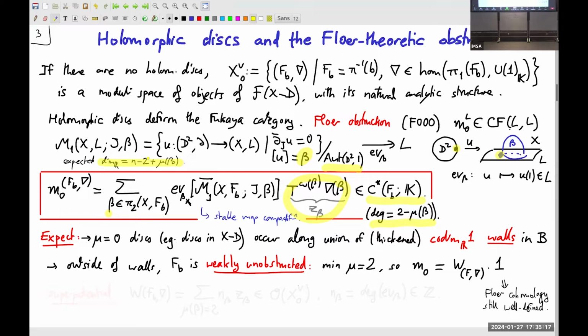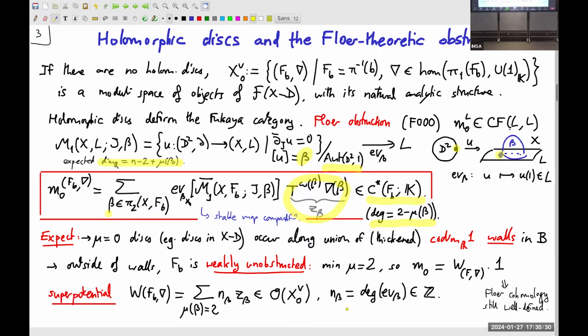But what that does for you is that the smallest dimensional family of holomorphic disks you can look at has the same dimension as the Lagrangian. And the problem you end up having is really, how do you count Maslov index 2 disks through a generic point of your Lagrangian? And that's what the superpotential will do.